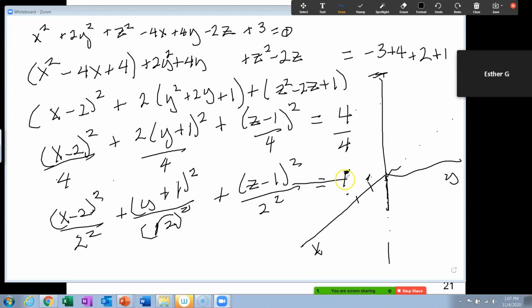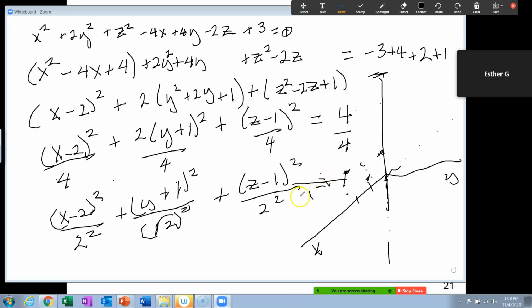Now, what else do we know? We go plus or minus 2 here to the vertex on x, so that goes plus 2 in this direction. Minus 2 would be back here. Plus or minus 1 on the y, and that would be plus this way 1 and back this way 1.